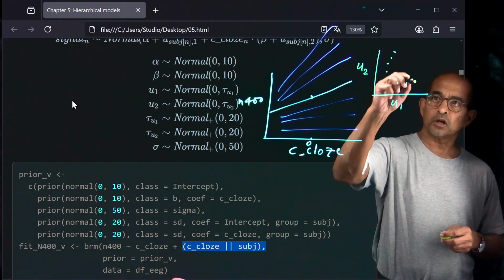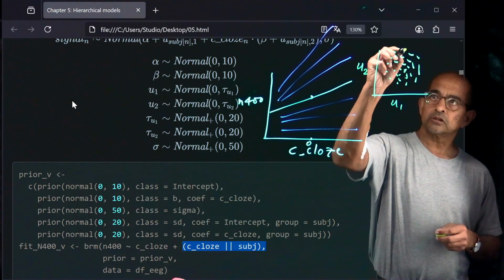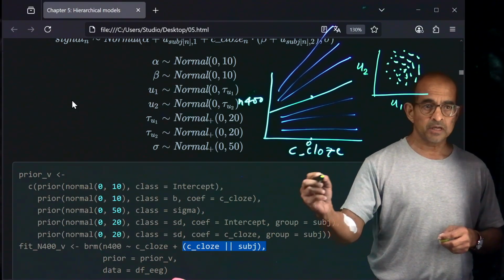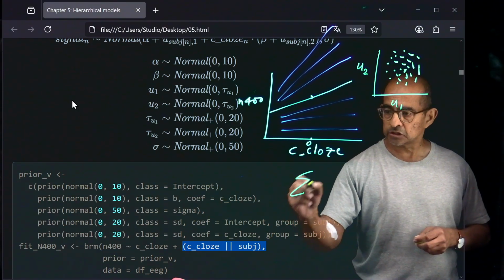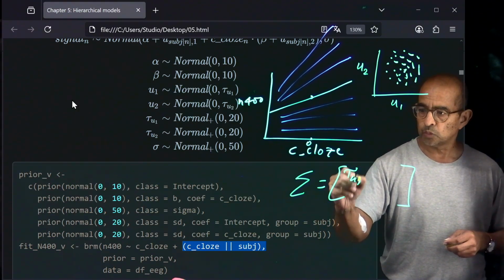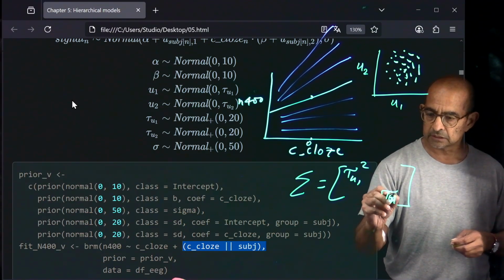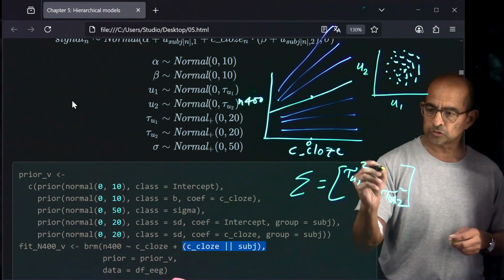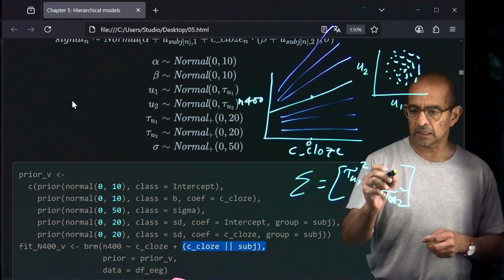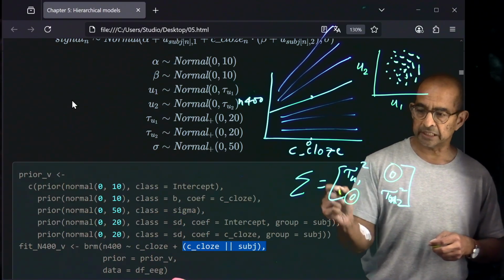So if I were to plot them, they would be just a circular blob with no correlation. That's what it means to have a variance covariance matrix that has tau u1 squared along the diagonals, the variances of the two random variables, and zero correlation on the off diagonals. This is the important point I'm trying to get across.